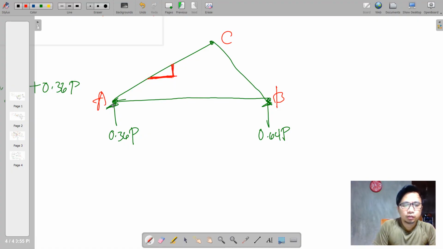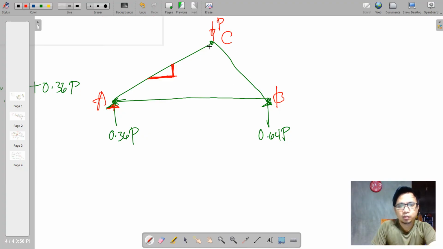Okay, so the very first step in the method of analysis, we're going to choose a joint where there are only two force members. There's P here. So we can choose a joint that has a given.